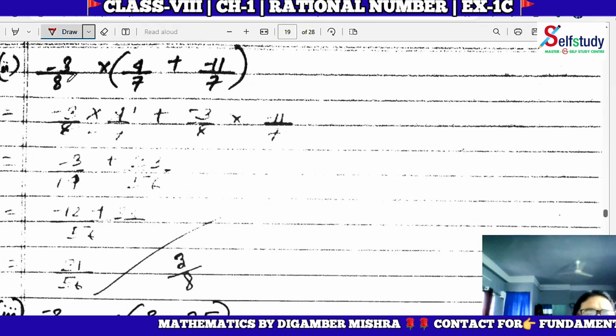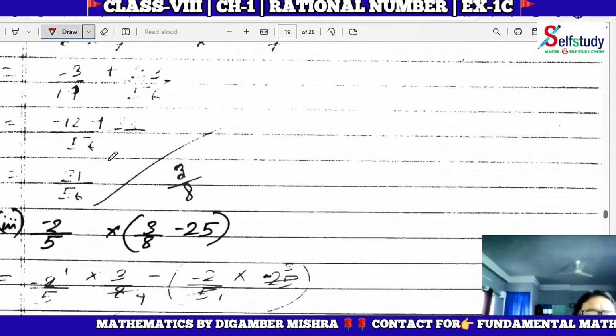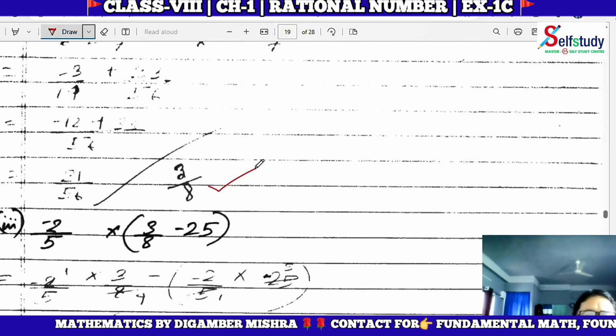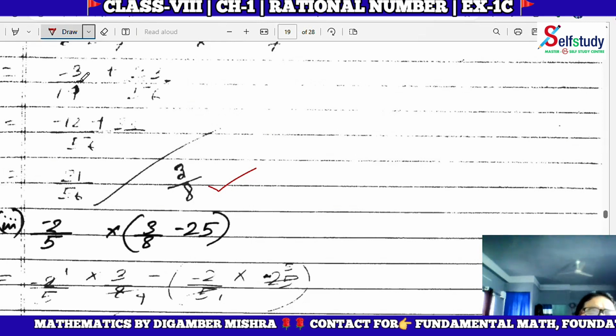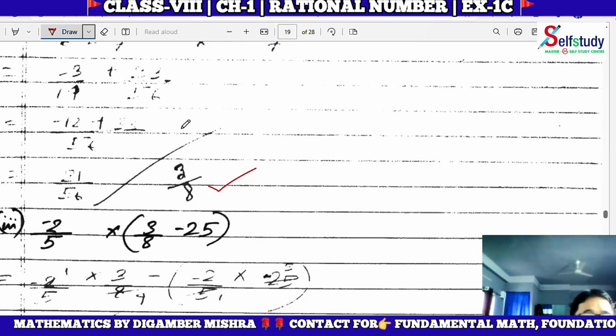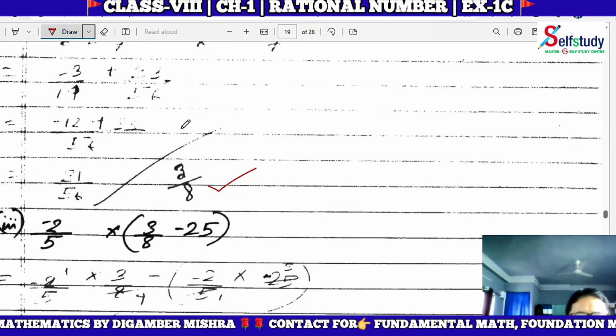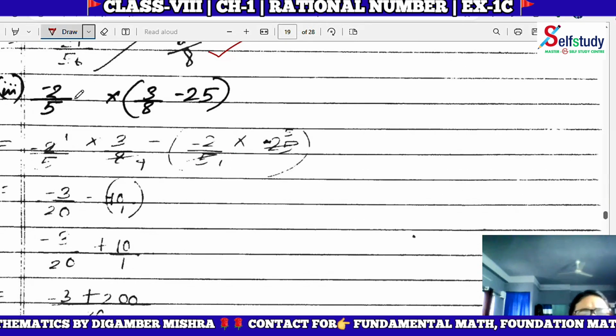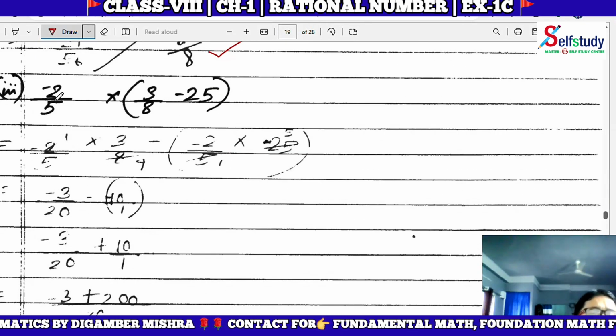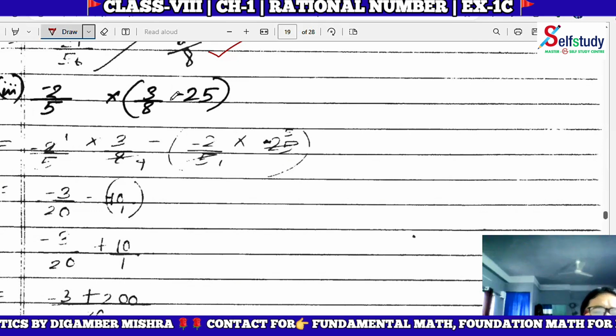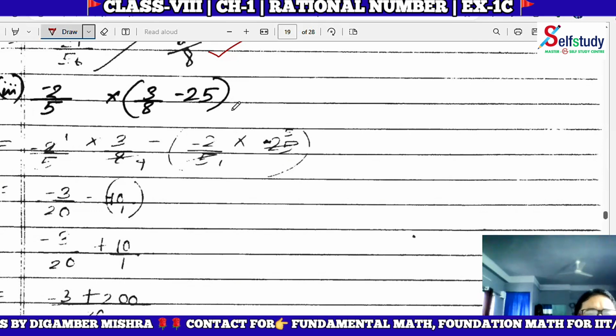You have to open the bracket, this into 4 minus 3 by 8 into 4 by 7 plus minus 3 by 8 into minus 11 by 7. Simplify, this answer will come. Okay, and 3 by 8 will be the answer in reduced form and in simplest form. I know this answer is not visible, but if I write here, then it will take time, so you do that. Now the next one is minus 2 upon 5 into, in the bracket, 3 upon 8 minus 25.